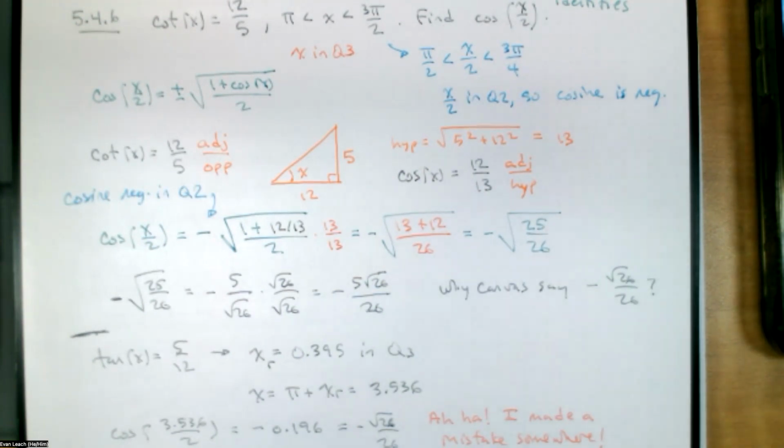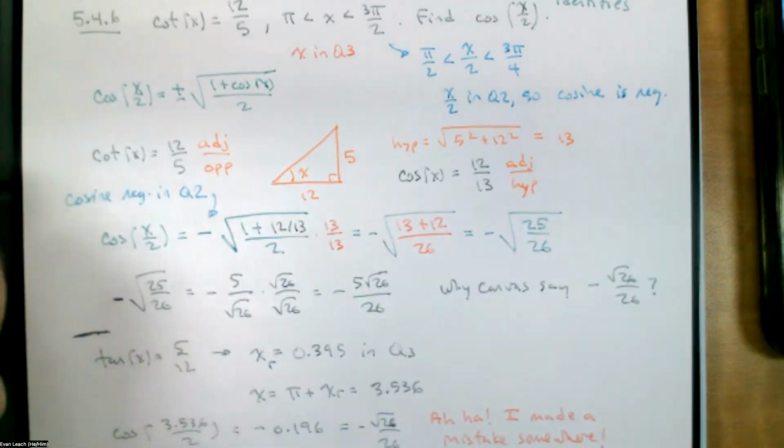Five root 26 over 26. Same. That's what we got. You are correct. Thank you. Oh, geez.